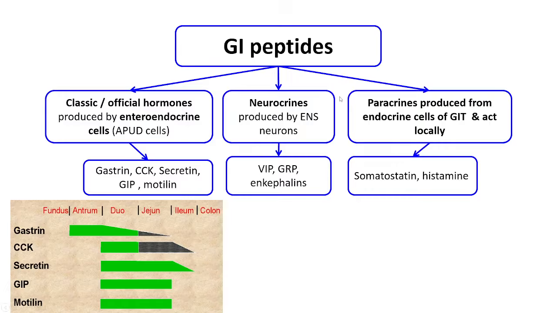A separate group is neurocrines. Neurocrines are substances which combine the properties of neurotransmitter and hormone because they are secreted by specific neurons, and they are usually released into the extracellular fluid.